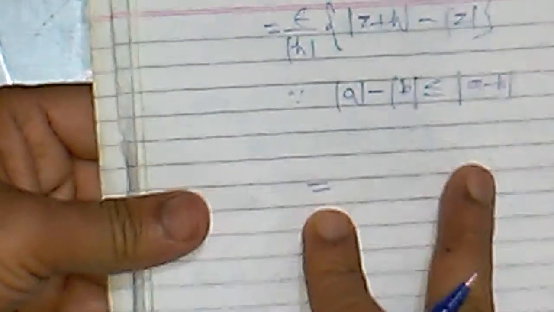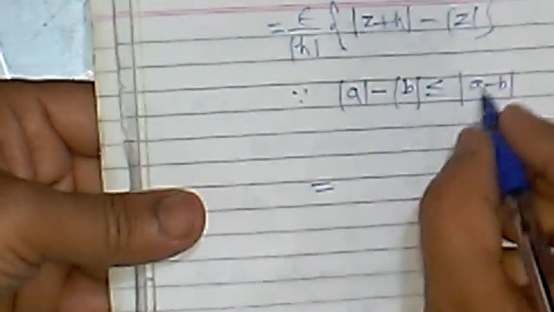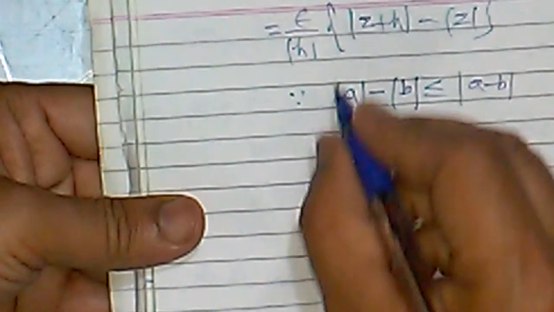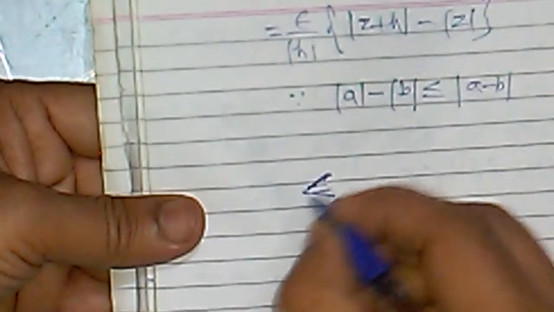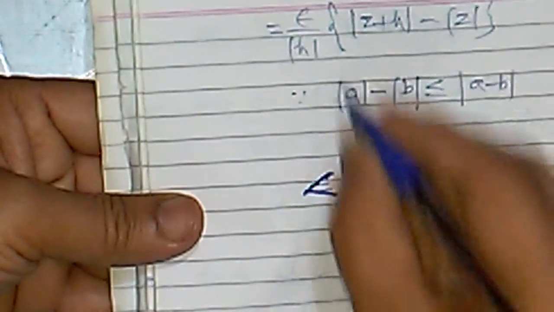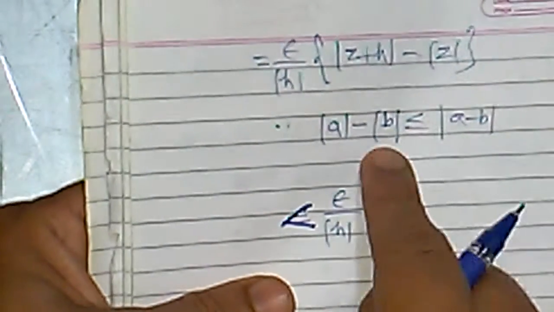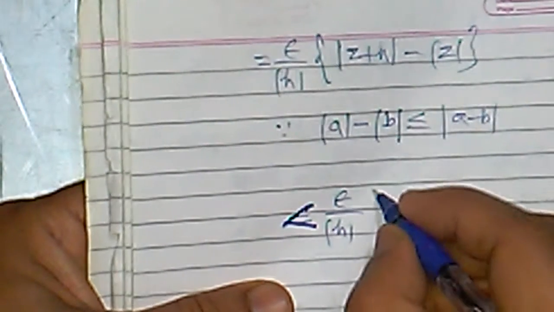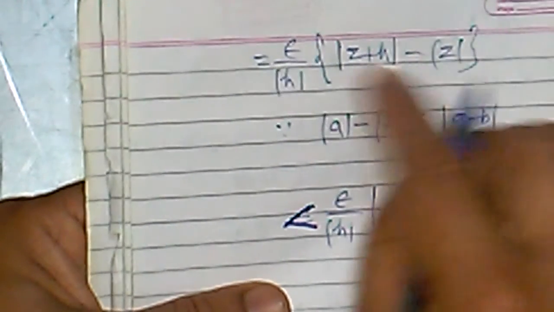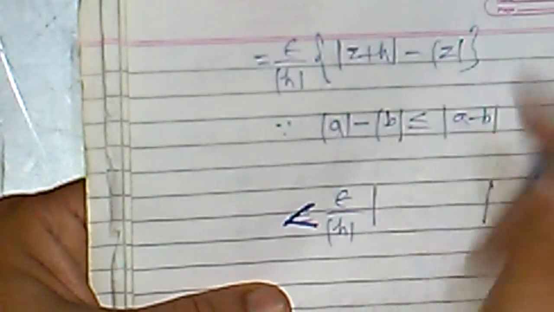Because these two values are not equal, by applying this theorem we put this sign to connect them. Here we write epsilon and modulus of h, and apply this theorem, so we apply the modulus to the whole, which is a greater value than the modulus applied separately.